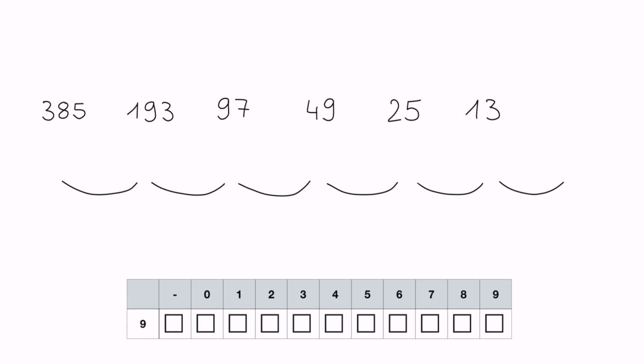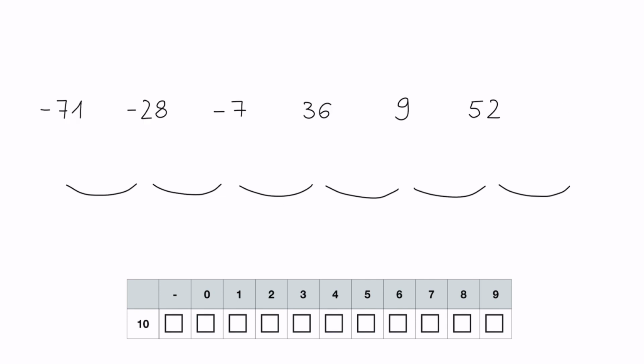So, for example, 385 plus 1 divided by 2 gives us 193, and we can see the same rule applies with 193 to 97. This type of task is rare, but it's something that you should be on the lookout for. And if we finish everything out, we see 13 plus 1 divided by 2 is going to give us a final answer of 7. So we're going to go ahead and mark that and then move on to exercise 10.